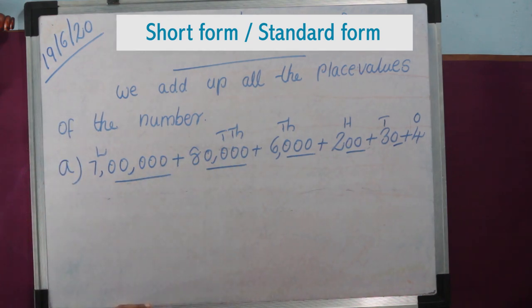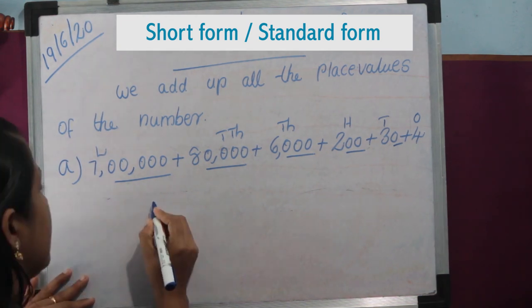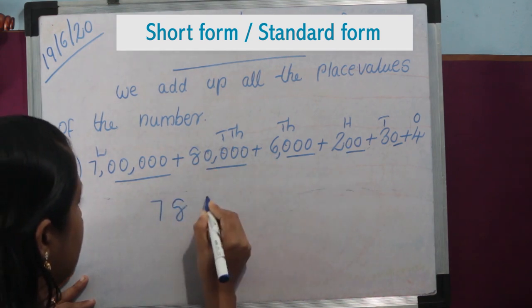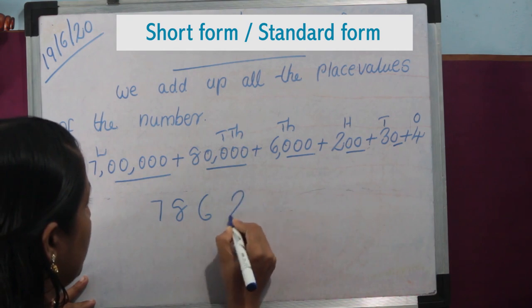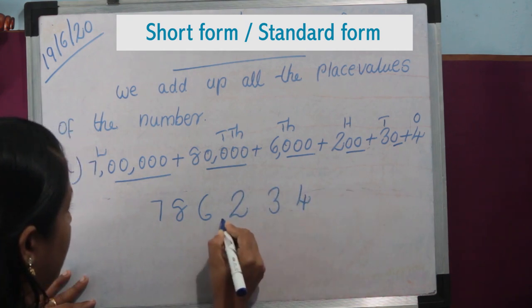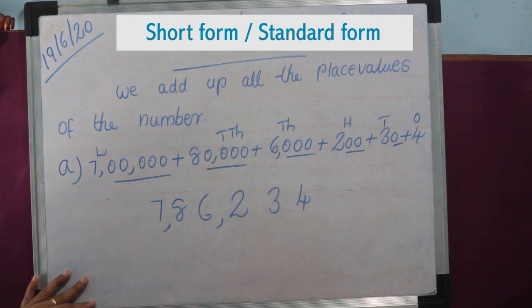So we write the numbers only and not the places. We write only the numbers, that is 7, 8, 6, 2, 3, 4. Now we got 7,86,234.